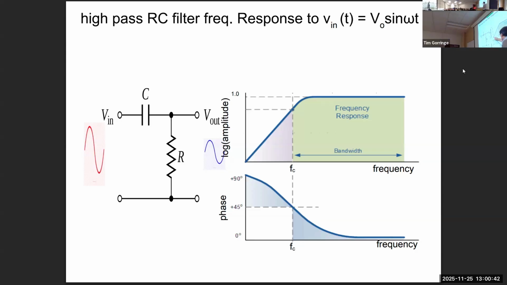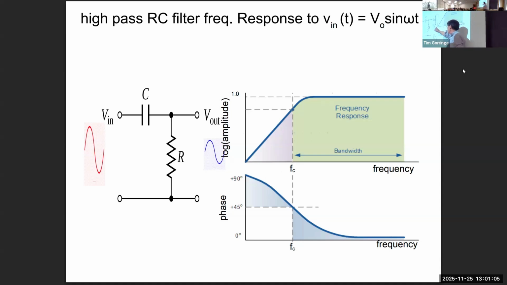So again, if you focus on the top plot here, vertically is the gain of the filter. Horizontally is the frequency of the signal being applied to the filter. If you have a high frequency, much higher than this critical frequency, the inverse of the time constant, then you just pass through the filter with a gain of 1.